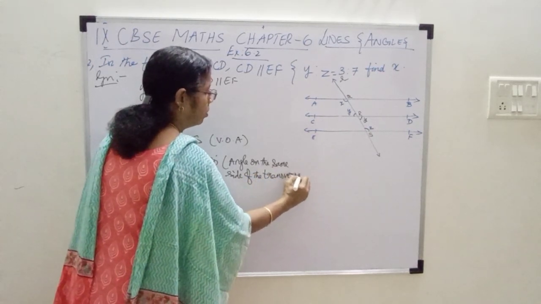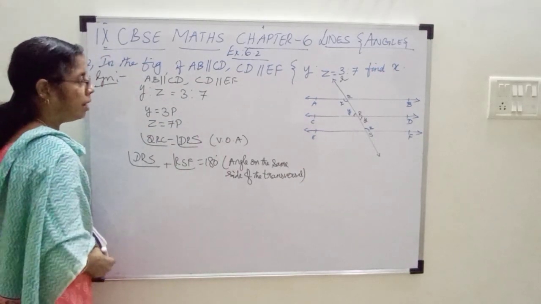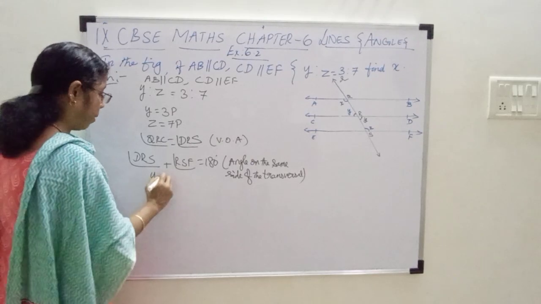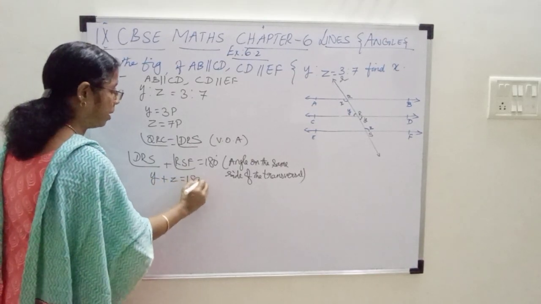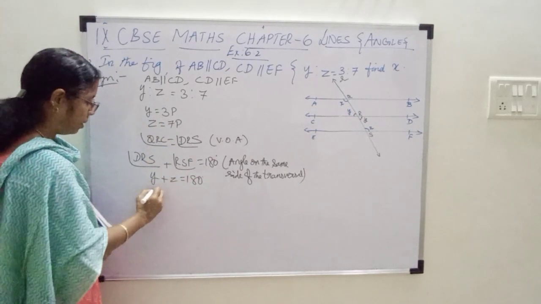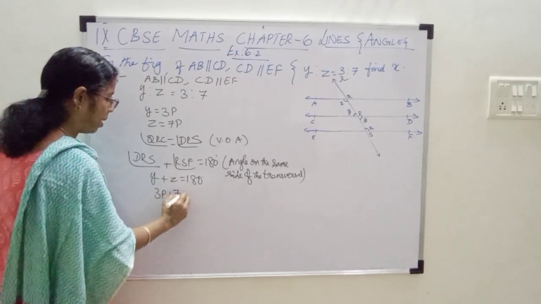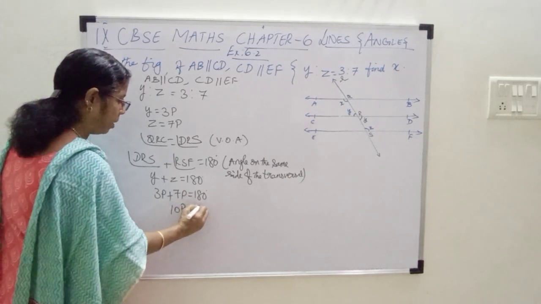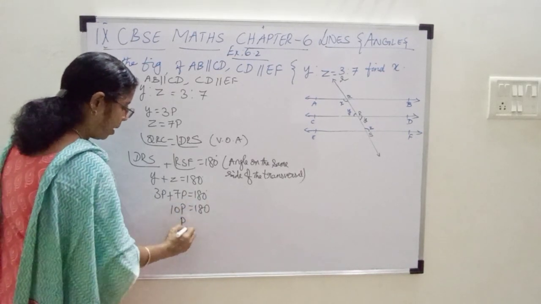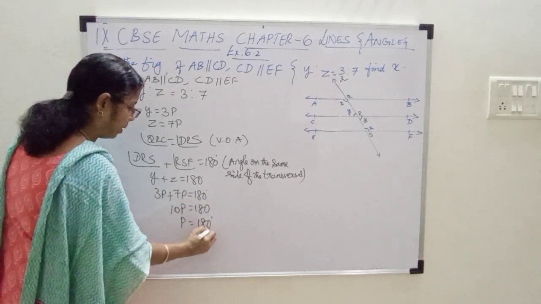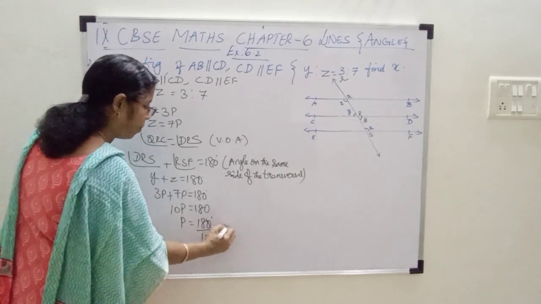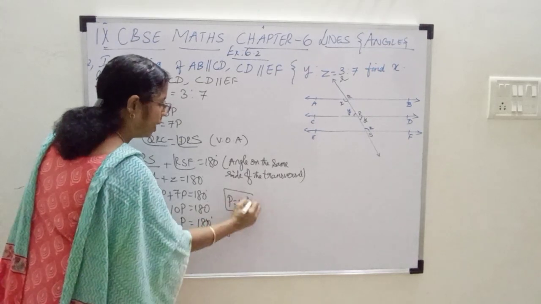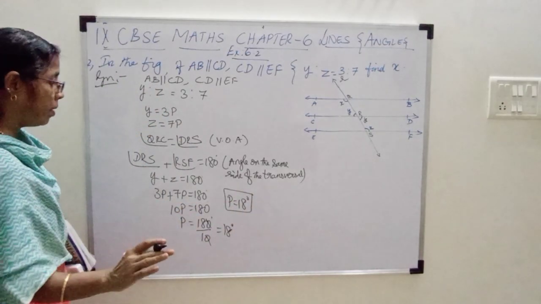So which makes you 180 degree. Now that is Y plus Z is equal to 180, but we took Y and Z as 3p plus 7p is equal to 180, that is 10p equal to 180, which gives you p equal to 180 by 10, which again gives you 18 degree. Hence, p is equal to 18 degree.